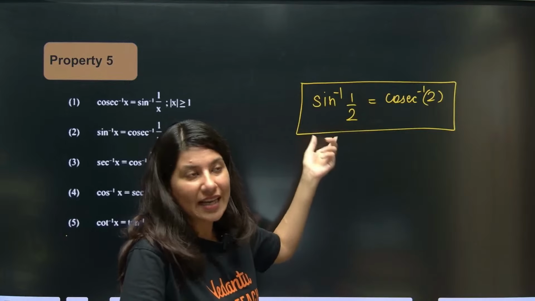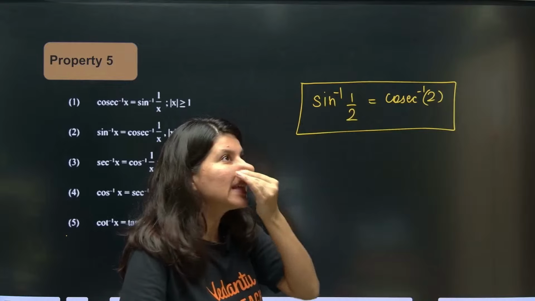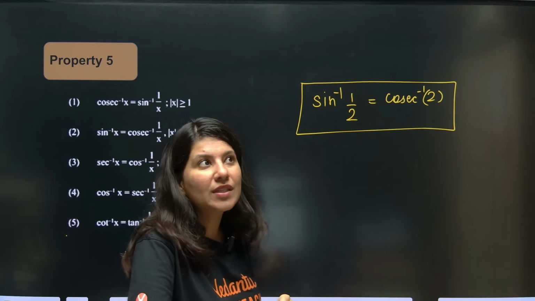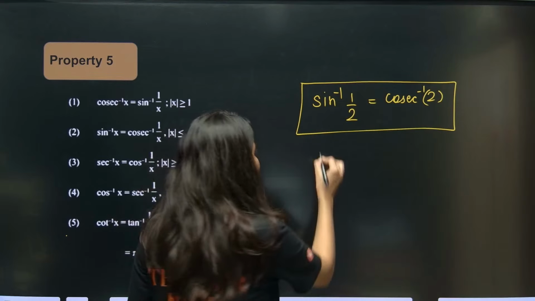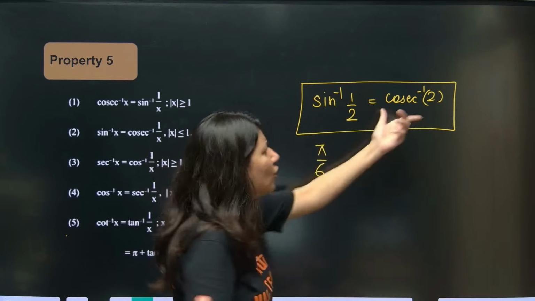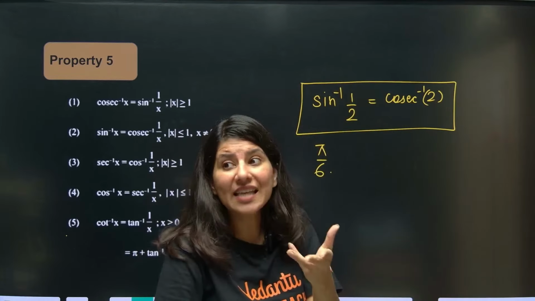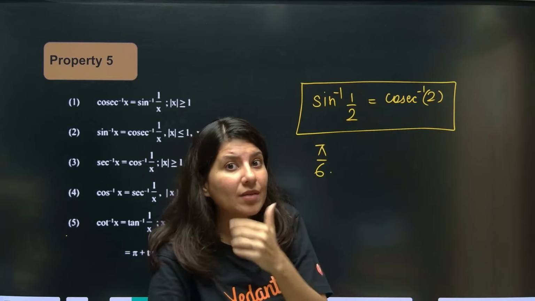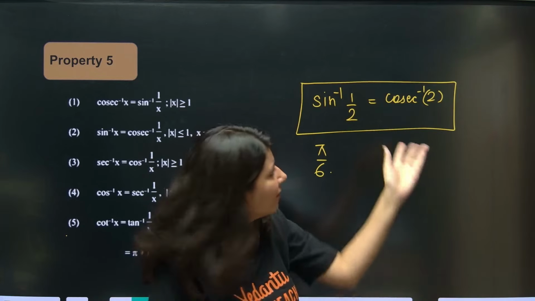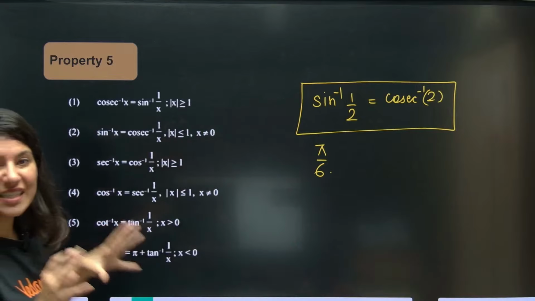Values. So sine inverse half will be an angle. You think about when exactly sine theta becomes half. Ma'am, sine theta becomes half at pi by 6. And here also you think the same thing. Cosec inverse 2 means when exactly cosec theta becomes 2. That means sine theta is equal to half. Same question, same answer. So this property is based on the same thing.